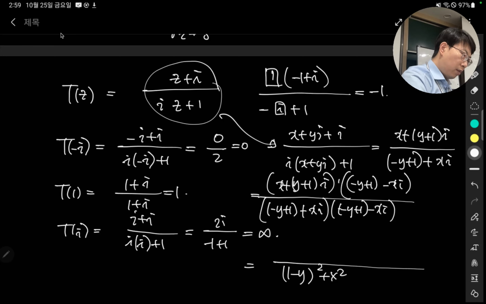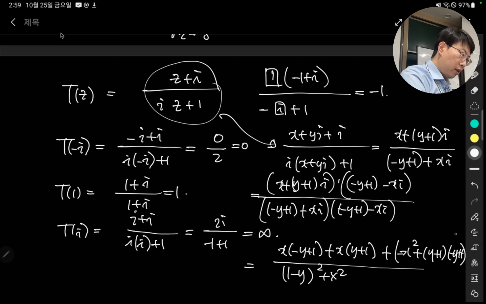And on top, the real part is x minus y plus 1 plus x times y plus 1. And the imaginary part is x minus x squared and y plus 1 minus y plus 1 i.